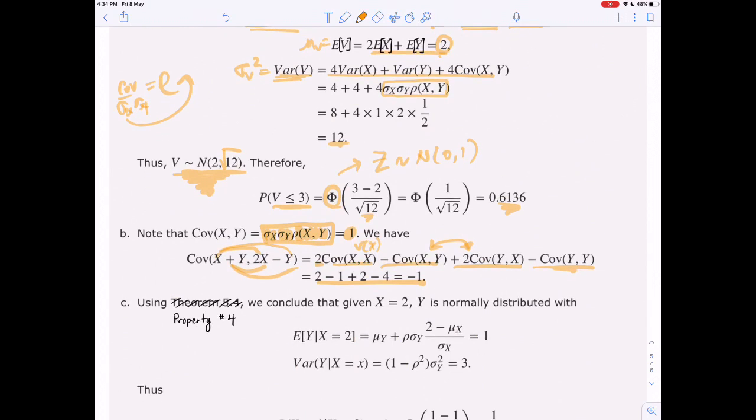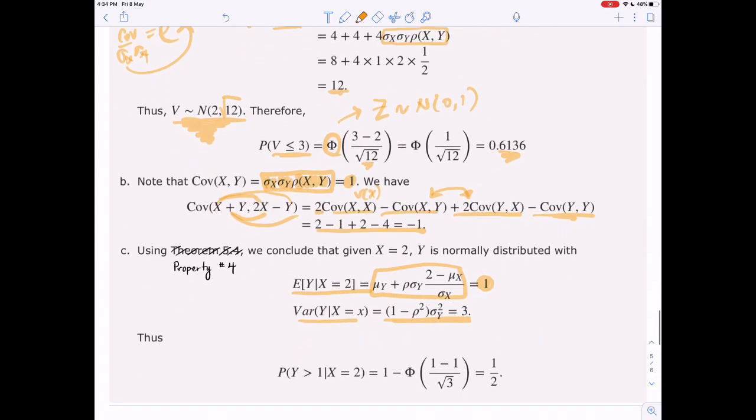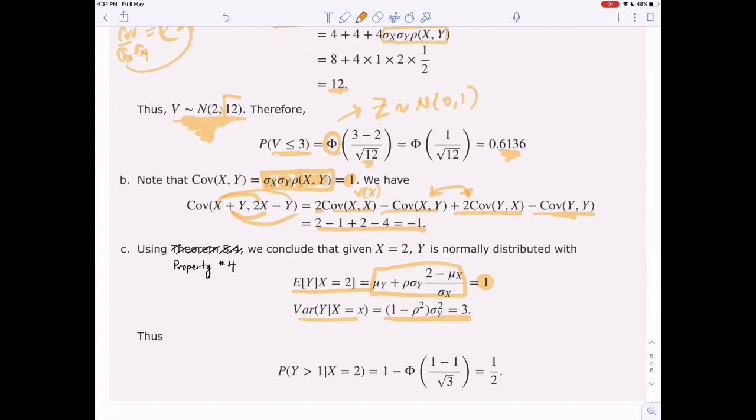So here is the mean, there is the formula from in there, and if you plug in those values, you will just get 1. Here is the variance, and that's the formula from above. Again, you plug those in and you get 3, and therefore we have a normal distribution with mu equal to 1 and sigma equal to root 3.